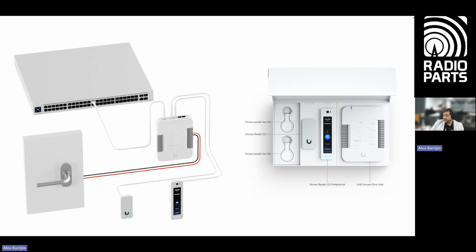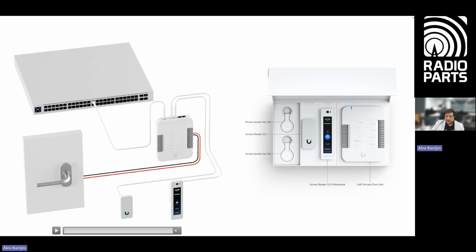Another thing I would typically recommend is buying these things in their starter packs. So essentially it comes with 2 readers, the access hub, and then a couple of key fobs as well. And these are typically quite well priced as opposed to buying the components separately.